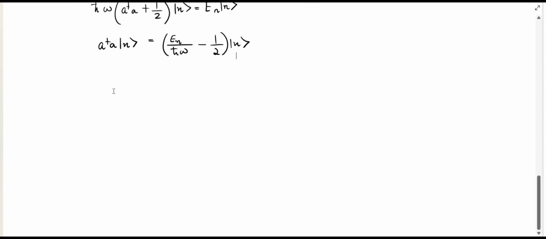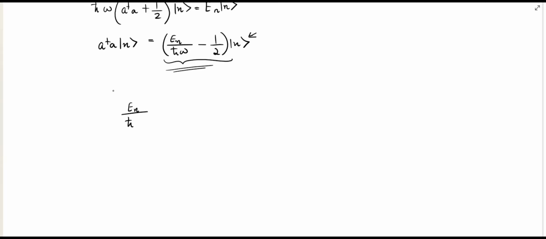Now, as the right hand side is a number, just a scalar, times the same vector n, that means that this is an eigenvalue of a dagger a.